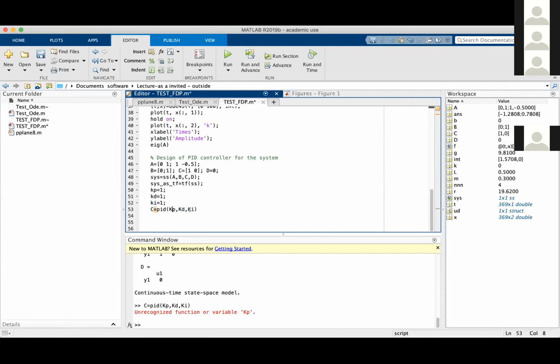So now PID is Kp, Ki, and Kd. So let me see. Students, this is equal to 1, Kd equal to 1, Ki equal to 1.